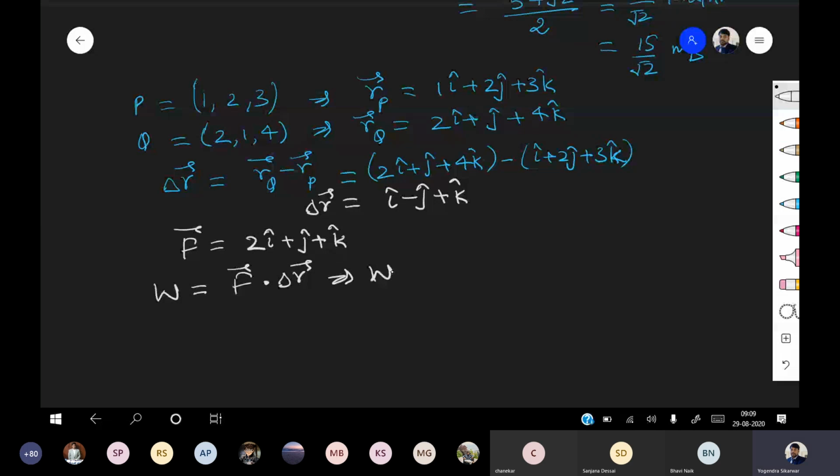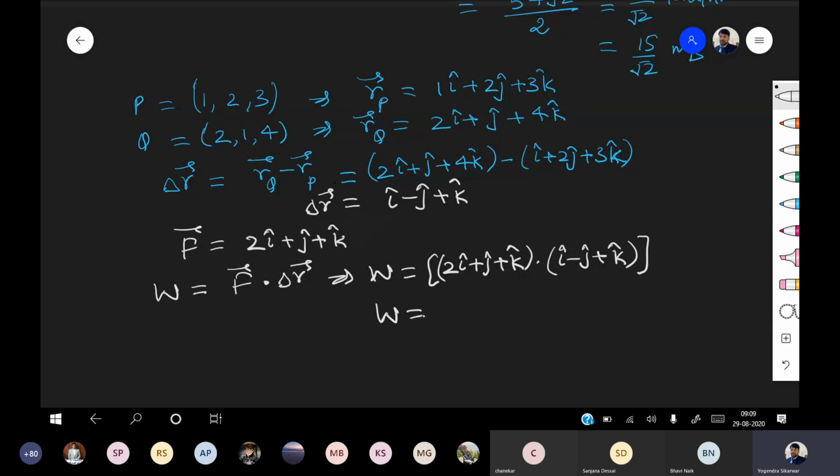So W is equal to (2i plus j plus k) dot (i minus j plus k).